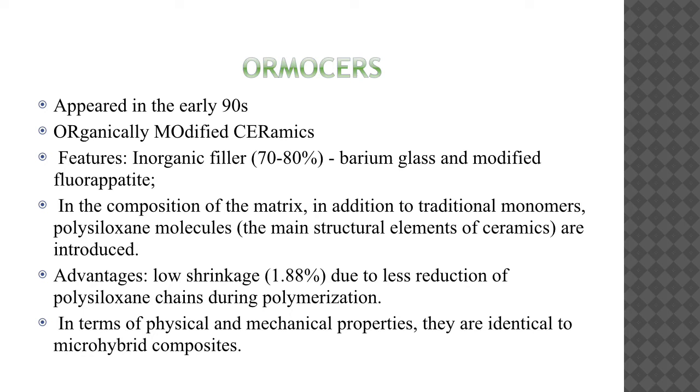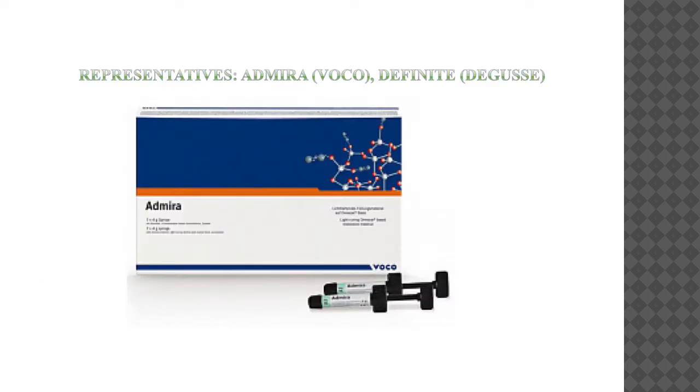Advantages are low shrinkage due to less reduction of polysiloxane chains during polymerization. In terms of physical and mechanical properties, they are identical to microhybrid composites. The representatives of ormocers are Admira by Voco and Definite by De Giusse.